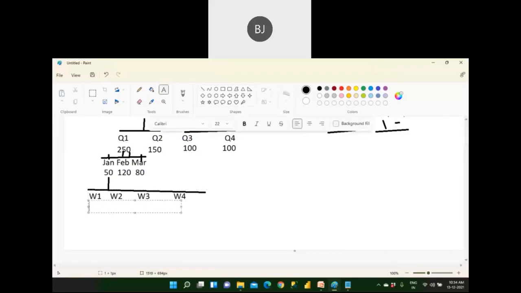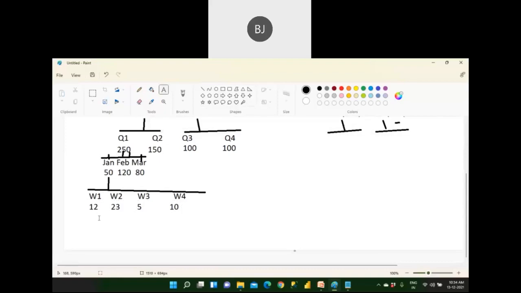After that, $12 here, and week two again, let us say $22 or $23. 23 plus this one, how much is it? It is approximately 35. Let us say 5, and I have $10, 10 crore. Clear? So 12 crore, 23 crore, 5 crore, and 10 crore is the profit week wise.